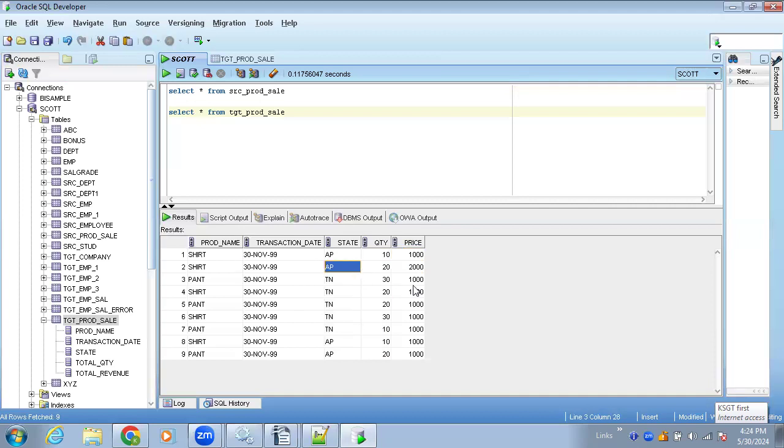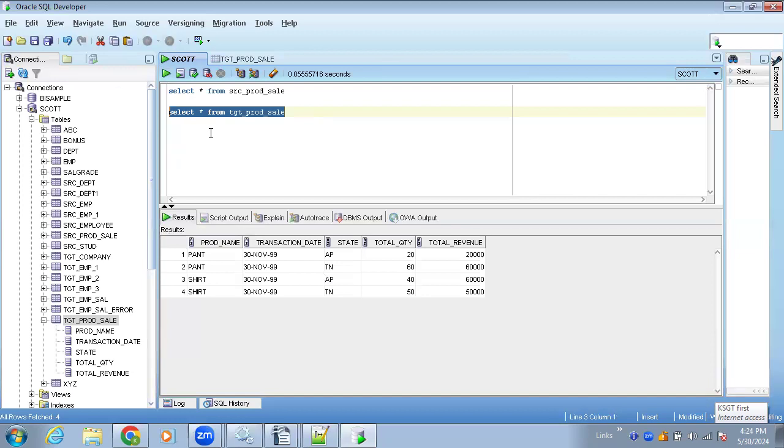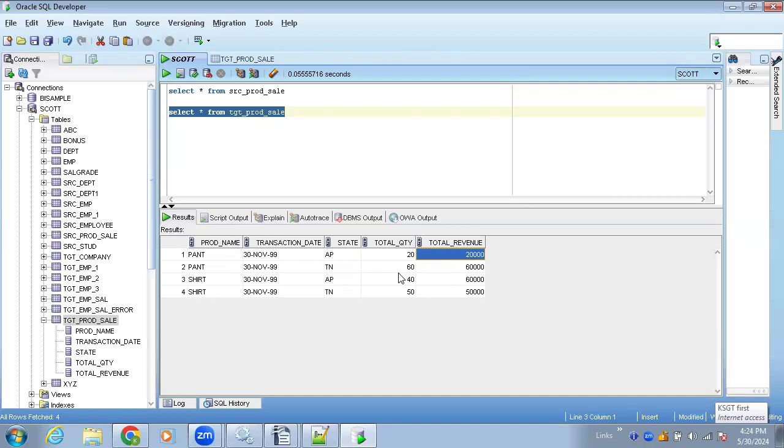Now in the target table, what I wanted to load, because this is not a convenient way for me, is state-wise how many total trousers or pants have been sold, and what is the total revenue. The unit price was given, so revenue is equal to unit price into total quantity that have been sold.